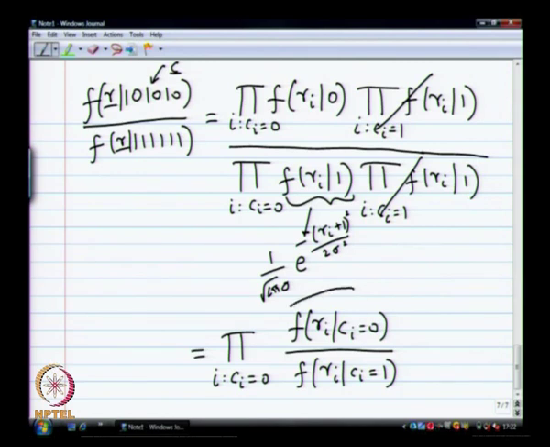Okay. So, this quantity we will call e power small l_i, which is basically the scalar likelihood ratio, and then I will denote as l_i the logarithm of this.